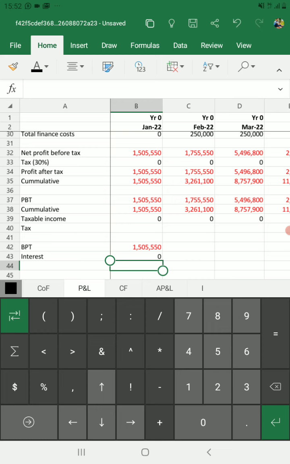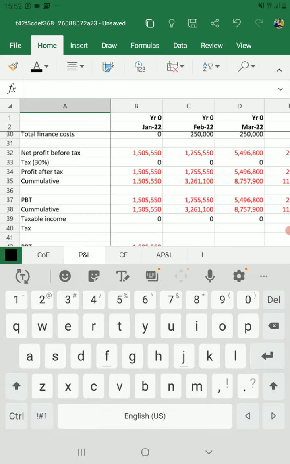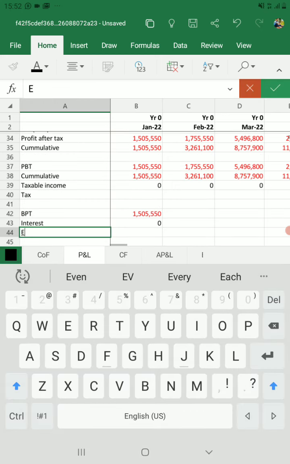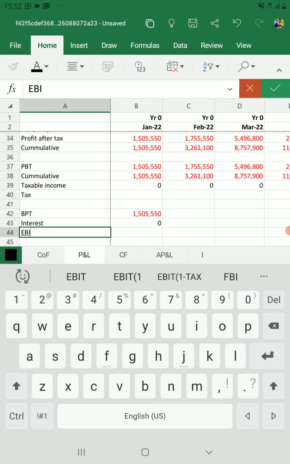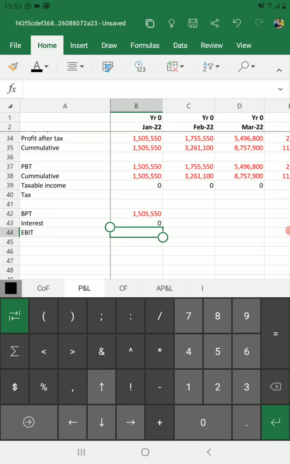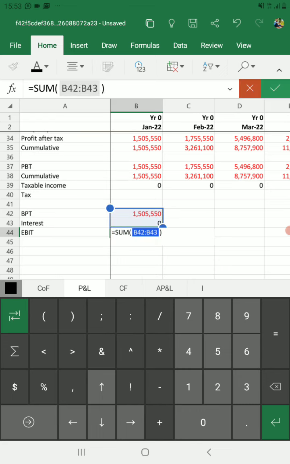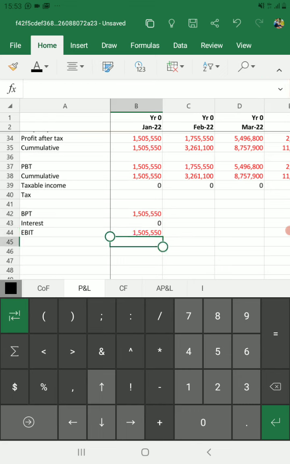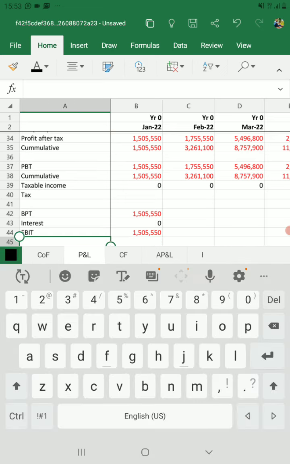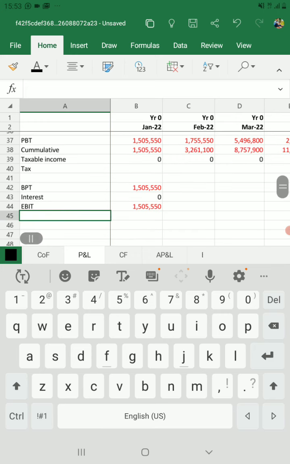So this is our earnings before interest and tax figure, which is the summation of those two. And then let's establish a cumulative figure of this.